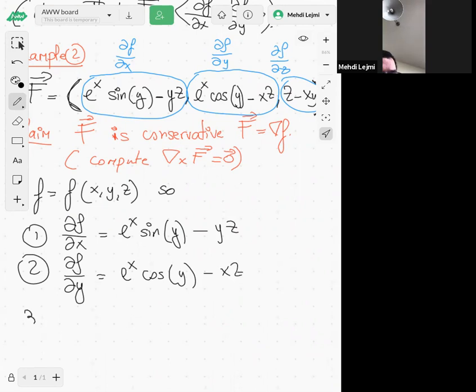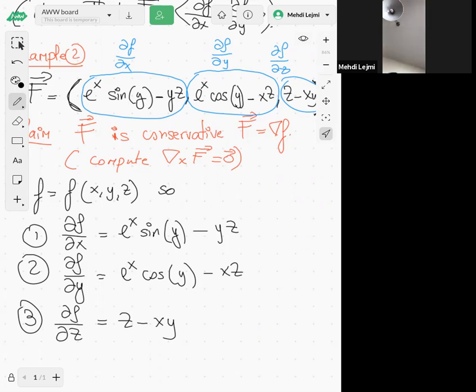And we know that the derivative of f with respect to z is the third component, which is z minus xy. So again, the goal is to find this function f. We know the derivatives of f with respect to x, y, and z.